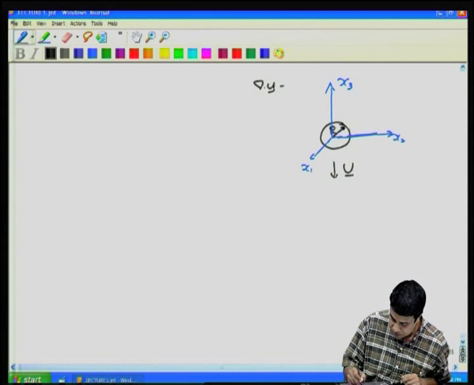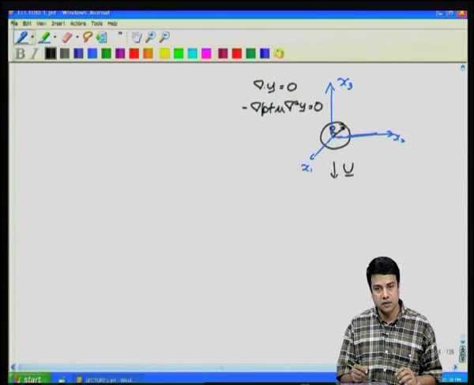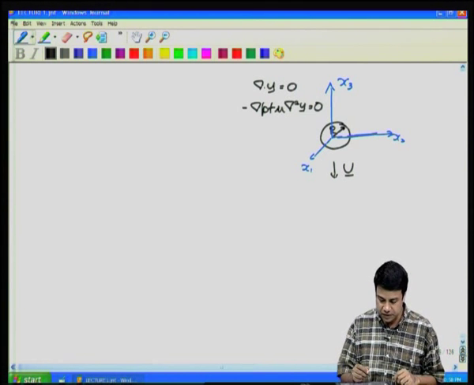Del dot u is equal to 0, minus grad p plus mu del square u is equal to 0, with the no slip condition on the surface of the sphere. No slip condition, the velocity of the fluid on the surface of the sphere is equal to the velocity of the sphere itself. Okay.